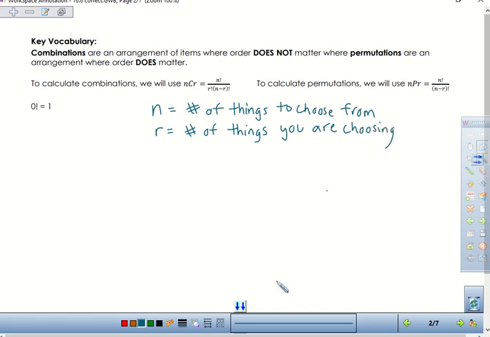Okay, that's what those 2 letters represent. So if you have a class of 25 students and you're selecting 6 of them, 25 is n, r would be 6. Does that make sense? And 0 factorial is always 1. That's another thing you're going to want to know.